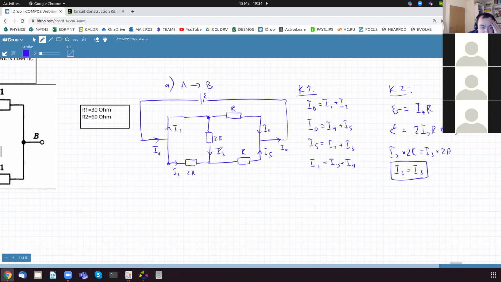That's a great discovery. So I1 is I3 plus I4. Can we do something similar to this? Well, not really. I2 is equal to I3. I1 is I2 plus I4.